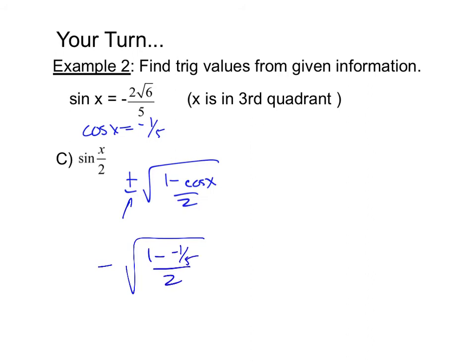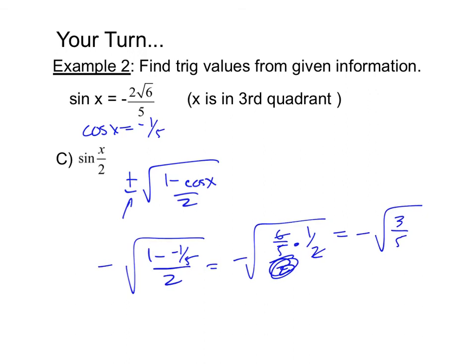So what does that become? That becomes 6 over 5 over 2. So it becomes multiplying by 1/2, which gives me negative square root of 3 over 5.